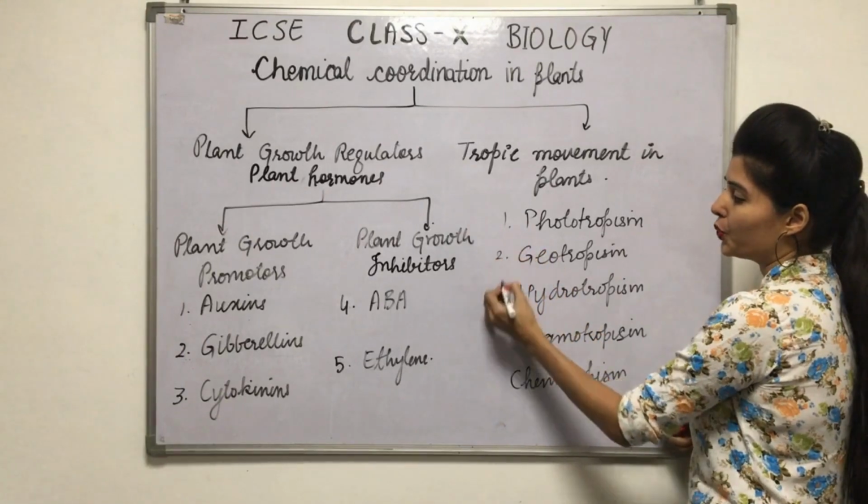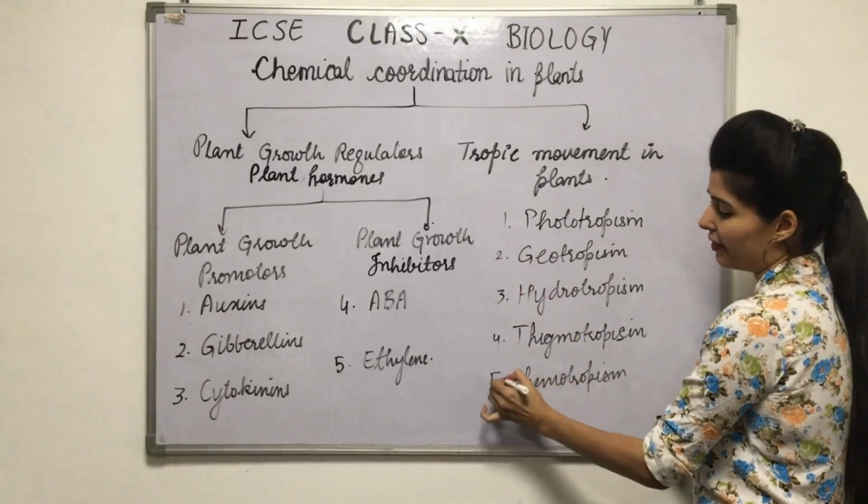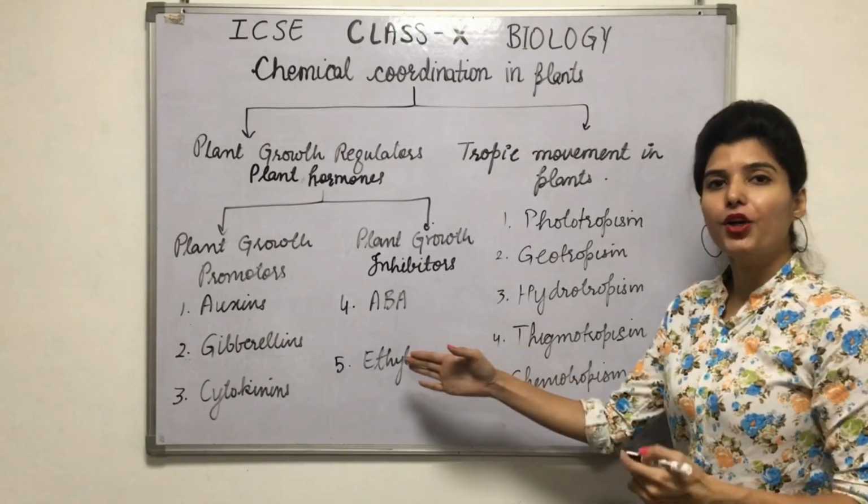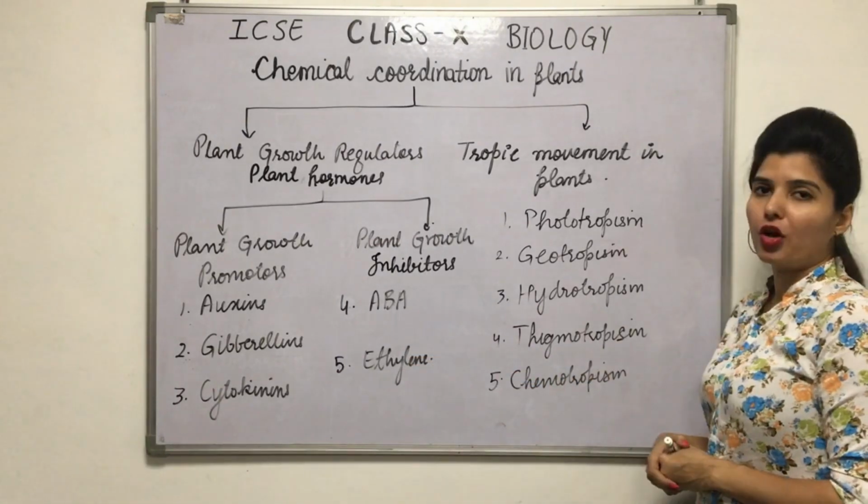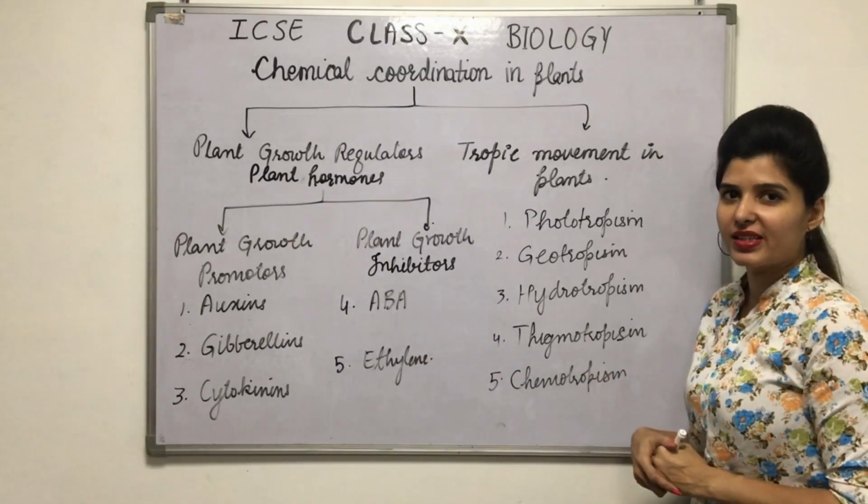So 1, 2, 3, 4, 5. 5 plant hormones and 5 trophic movements that we have to discuss in this chapter.